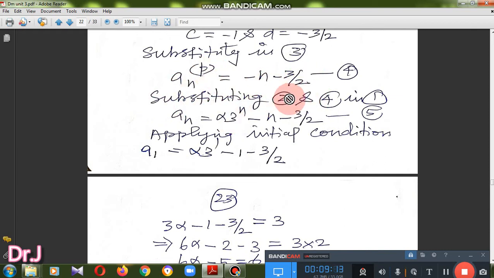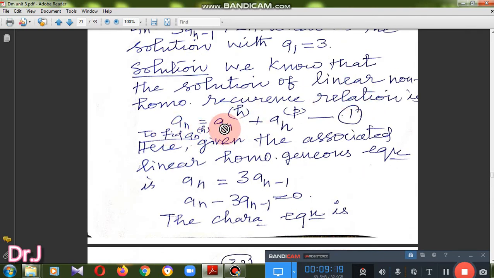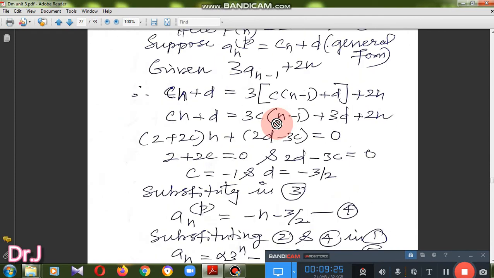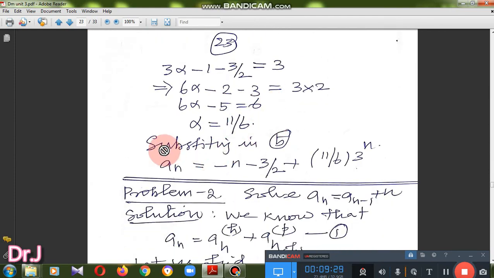Substituting these two, equations 2 and 4, in equation number 1, because equation number 1 is the solution for us, it's a summation of the associated homogeneous solution and the particular solution. Substitute that and simplify, and at last you will get the alpha value. You will get a_n equals minus n minus 3 by 2 plus 11 by 6 times 3^n.